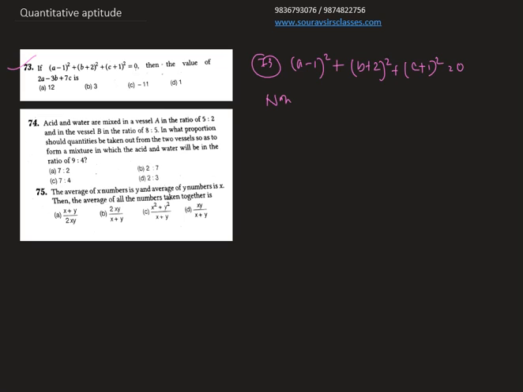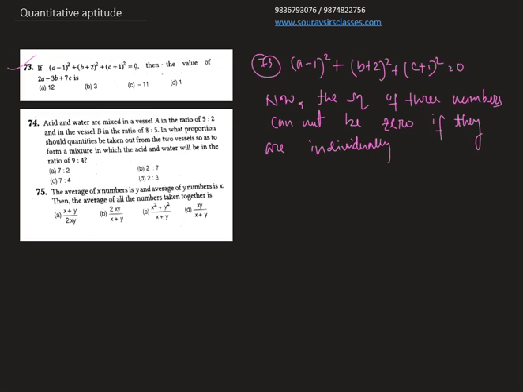Now the square of three numbers cannot be 0 if they are not individually 0.